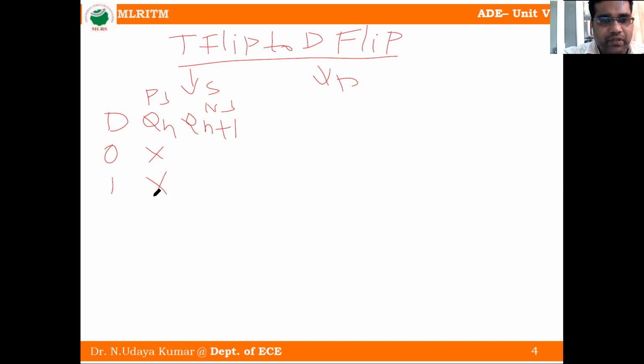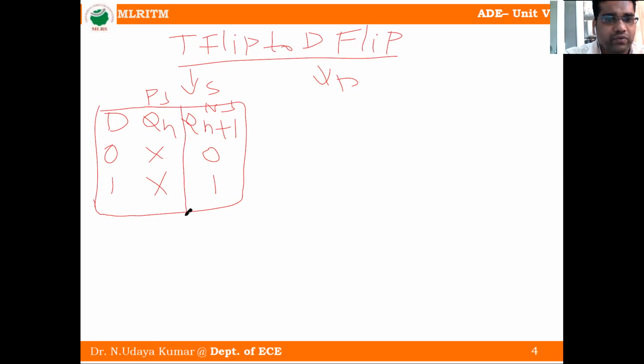In D flip-flop, if 0 is given, we get the next state as 0. Here 1 means we will get 1 as it is. That's why D flip-flop is a transparent flip-flop. This is the truth table for D flip-flop.